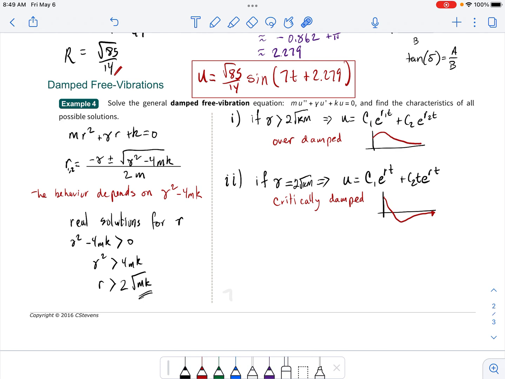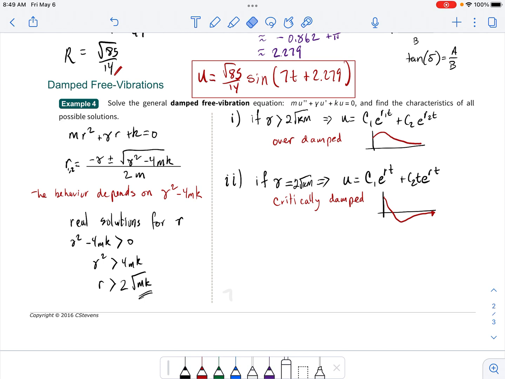In this situation, our motion will either start to go up or start to go down, but critically damped could possibly go below the x-axis and come back up. There is a critically damped situation where it might not cross the x-axis and just decay, similar to the overdamped, but the crossing characteristic is usually the most common for critically damped.